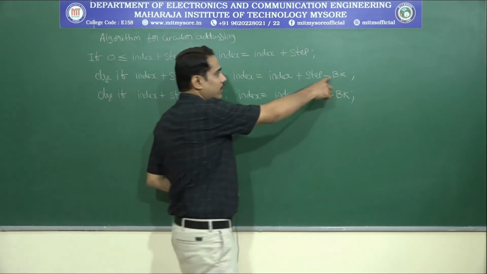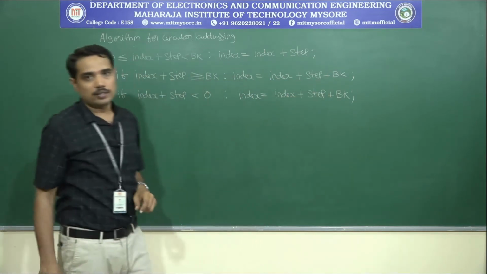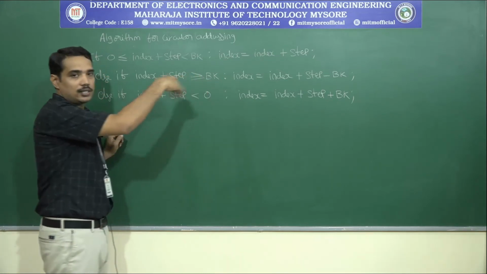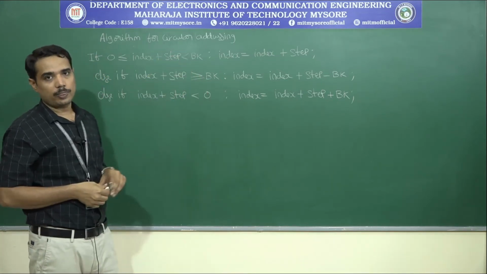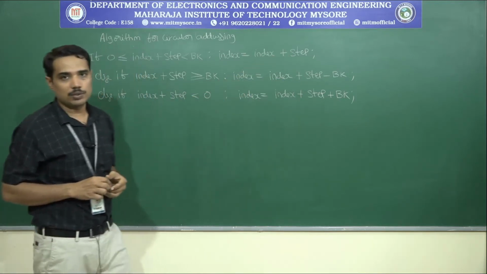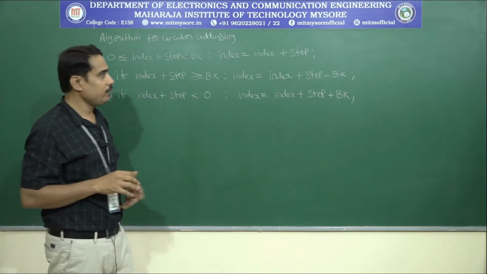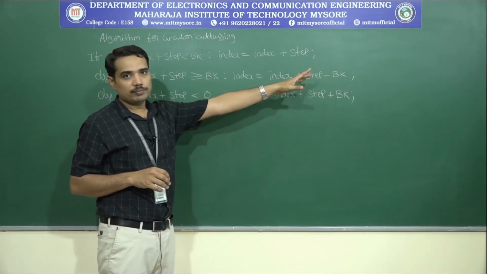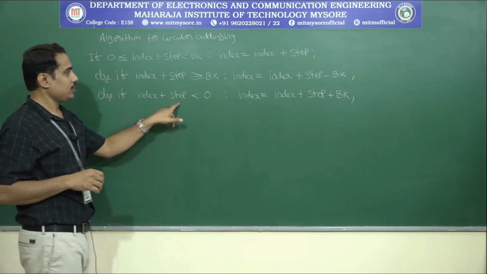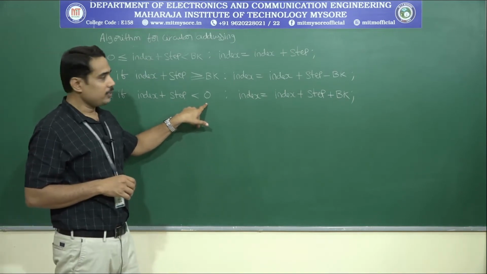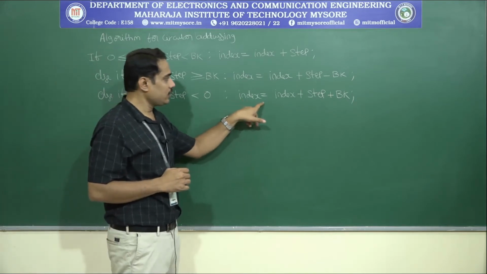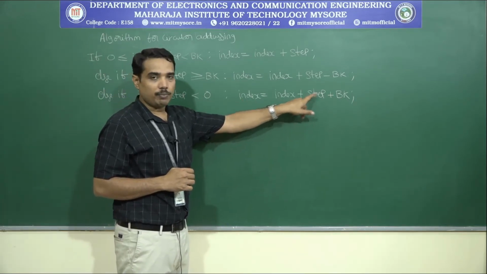Why are we subtracting the buffer register Bk? Because the end address is exceeding the Bk value. We need to bring it down with respect to the SAR and EAR. For that purpose, we subtract Bk. Next, else if index plus step is less than 0, that means it is less than the start address register, then index is equal to index plus step plus Bk.